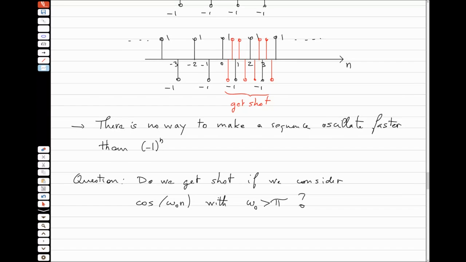All right. Oh, so 7 students said you get shot if you take omega naught larger than pi.